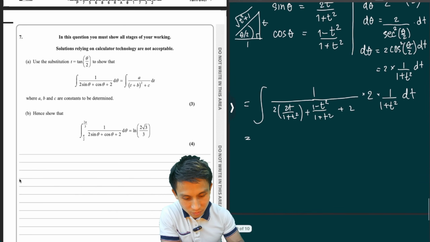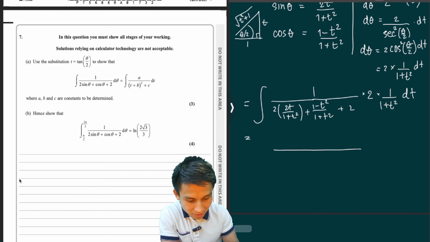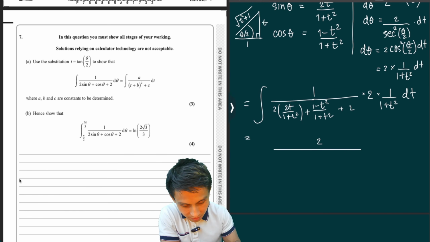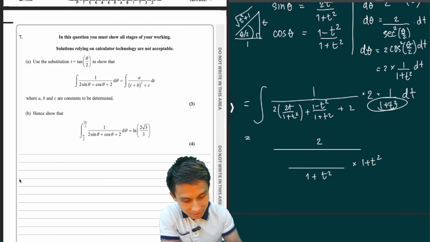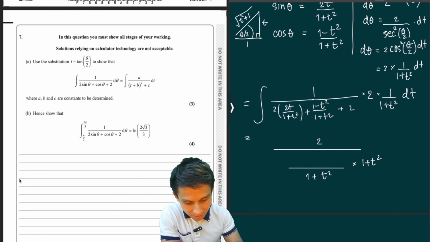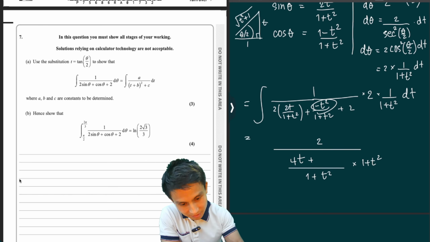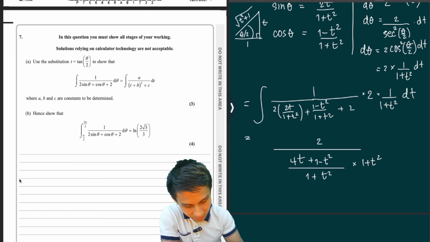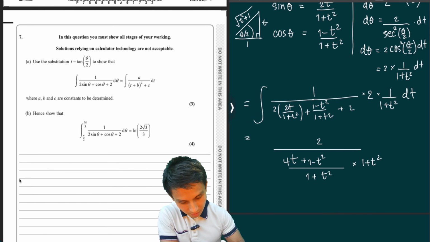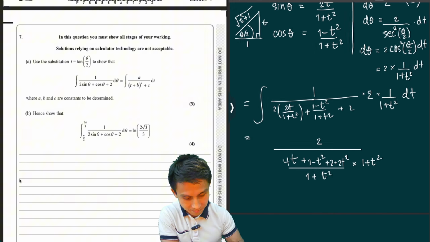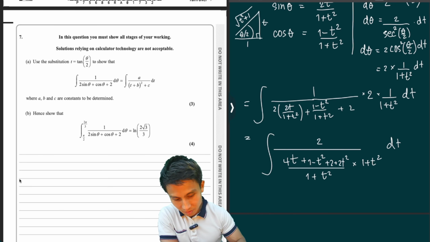If we simplify the denominator of the main part, I'm just going to put 2 here first. We will also have a denominator of 1 plus t squared, which cancels with the 1 plus t squared here. The top bit will be this 4t plus this 1 minus t squared, and if we multiply 2 by 1 plus t squared on top and bottom, we get plus 2t squared. And that is just dt in the integral.